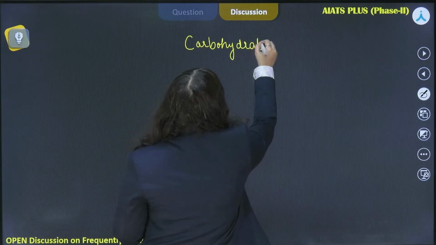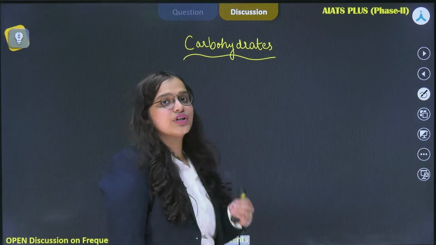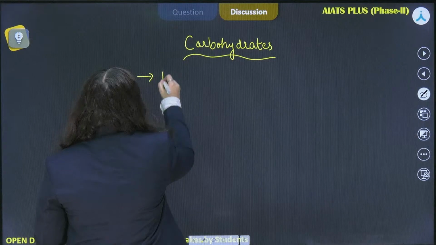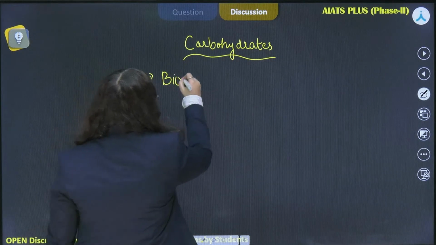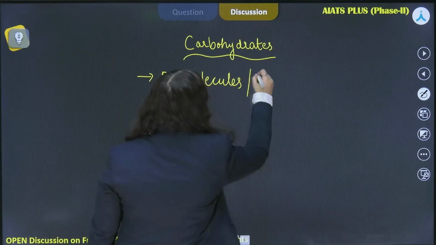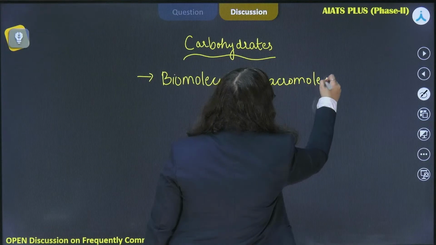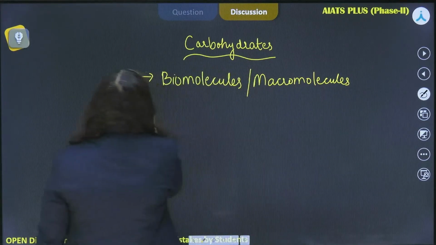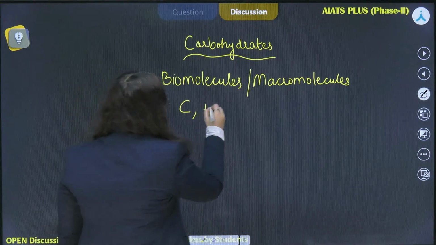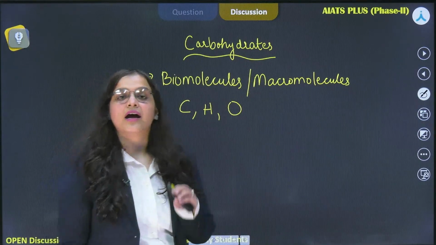Carbohydrates are basically molecules which are categorized as biomolecules, or I would say macromolecules, and they are composed of carbon, hydrogen and oxygen in a specific ratio.